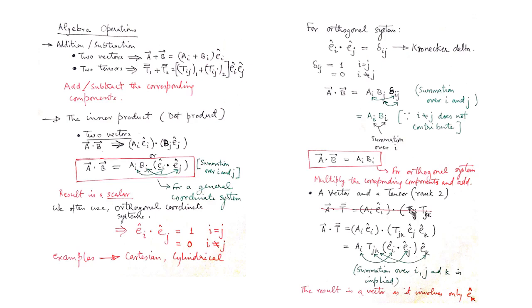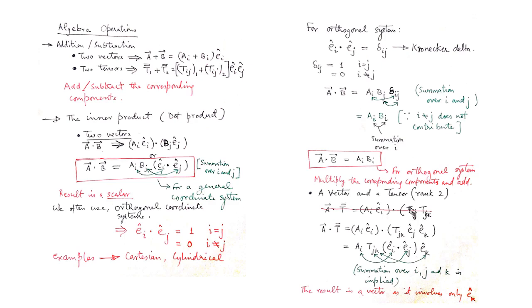Since I have used up the index i, I have to write the tensor using some other indices, so I am using j and k: T_jk e_j e_k. This is from the general representation we have seen earlier. Then once the vector and tensor are written, you have to move ahead with the dot product.